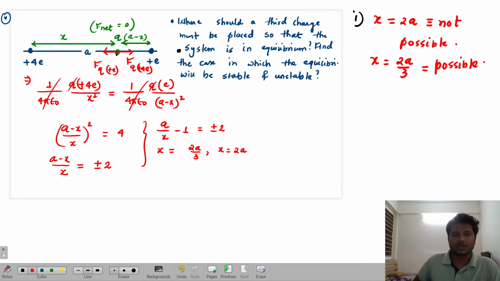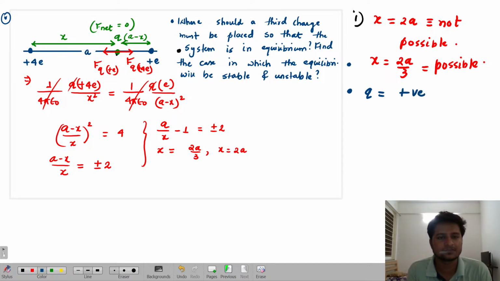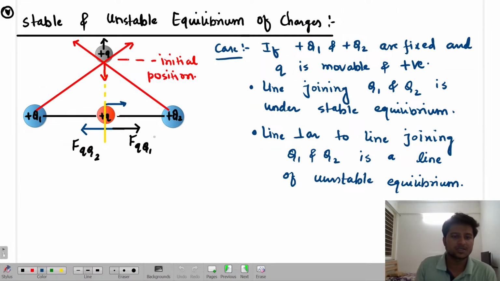So look over here. Now, this was my first point. Second point was, the charge q which we have considered over here was a positive charge. किस तरह का charge है? तो एक बात बताओ, if I place it over here, which is a positive charge, तो हम इसके previous case के discussion पे जा सकते हैं ना? अगर मान लो दो positive charge है, उनके बीच में अगर एक positive charge रख दिया, तो ये line कौन सा line है?